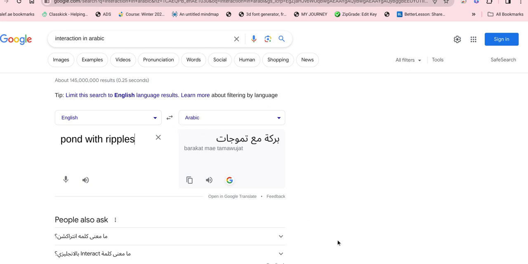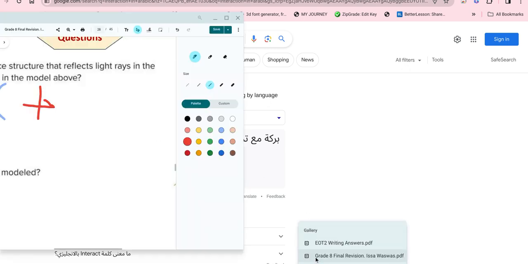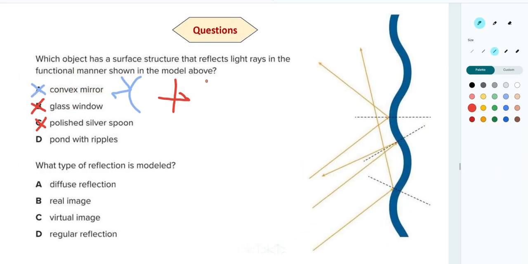But this is a pond with ripples. By the process of elimination, we know it's not the other three, that only leaves a pond with ripples. And ripples are just small waves that take place in water. So this is like a pond with ripples.